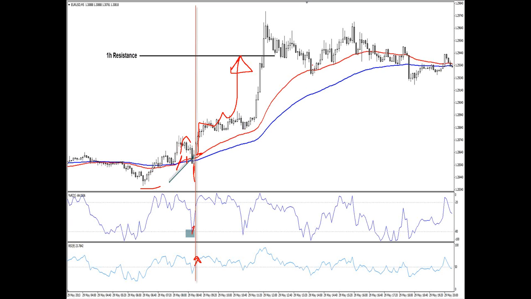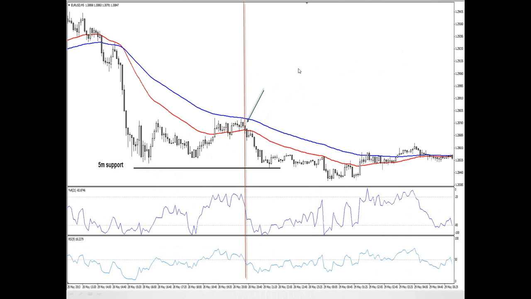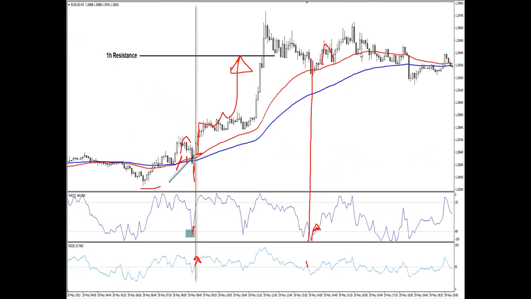Let's see this example also. Here, it's above 50, and here is another entry which is later profitable, right? See how the trade has been profitable here.